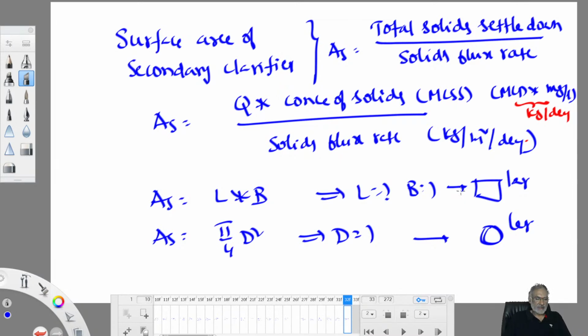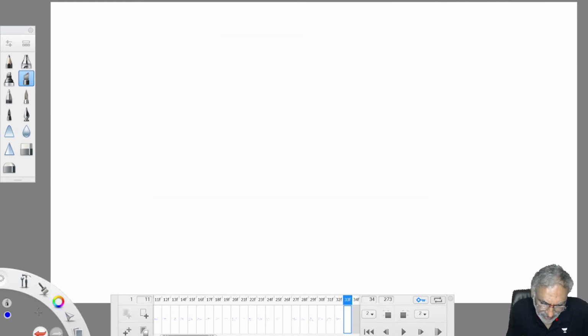Understood? So we started with the primary treatment, then we saw secondary treatment. So the influent we collect from a town or city is put into treatment.